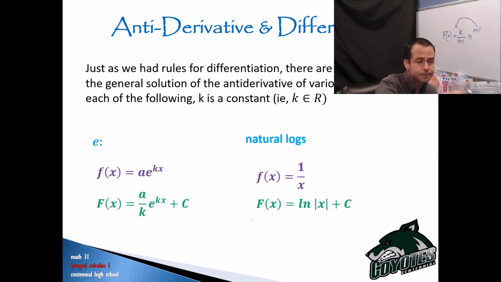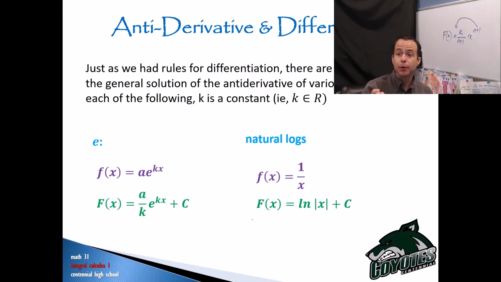For e, we know the derivative of e to the x is e to the x. So just dealing with all the coefficients that I could have on here, if f of x was a e to the kx, what would happen there is my original function, my antiderivative, would have to have been a over k, e to the kx.